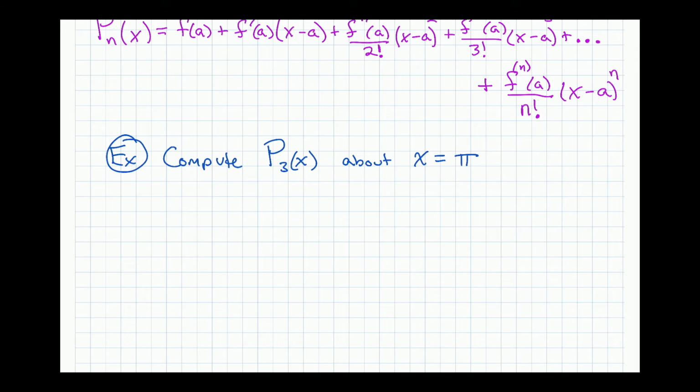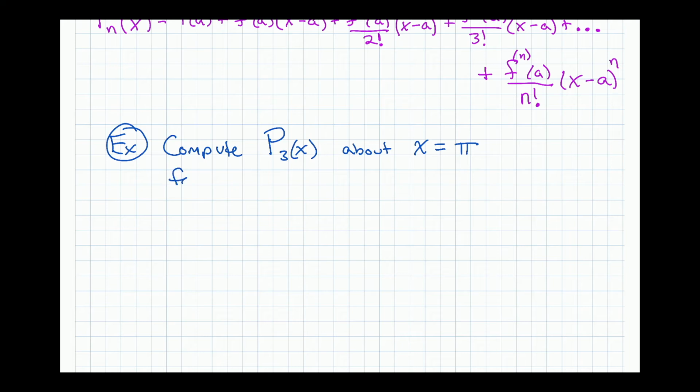So compute P3 of x about x equals pi for f of x equals sine 2x. All right, is that everything we need? I think that's everything we need.